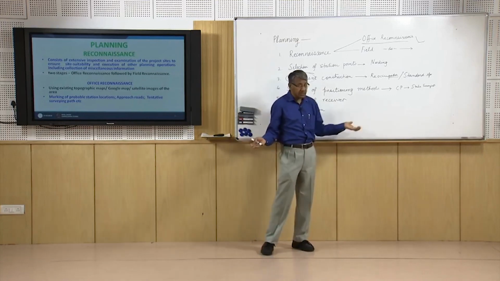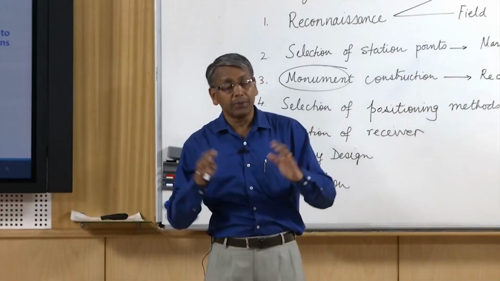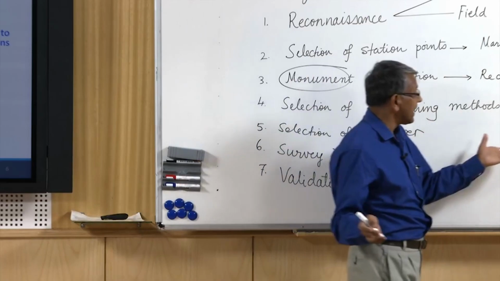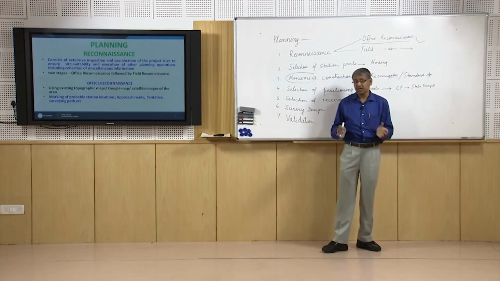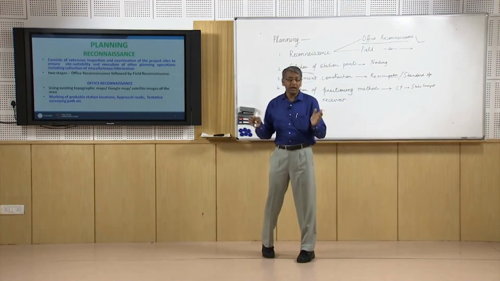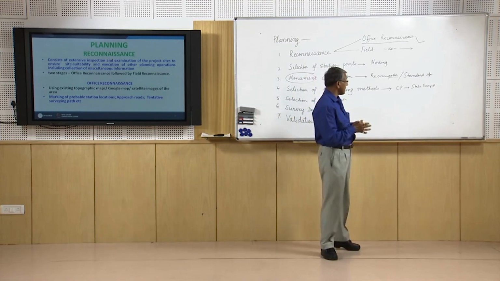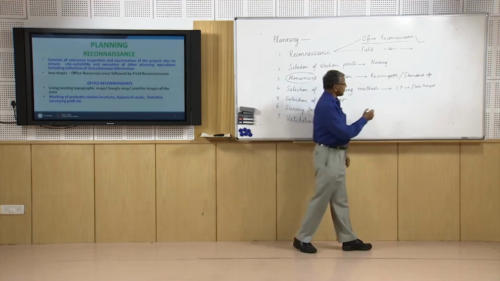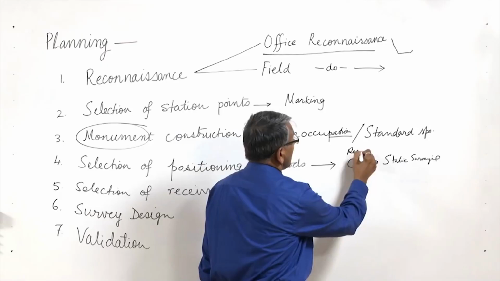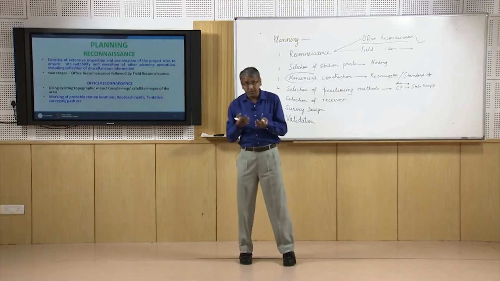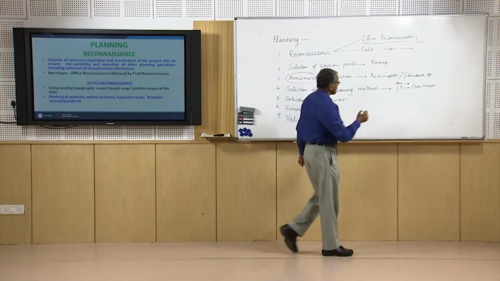Or if we want to establish a baseline, depending upon the length, if it is very long, then we should go for static relative positioning, and if the baseline length is small, then we can go for the rapid static method. During reconnaissance we should go for autonomous navigation positioning.